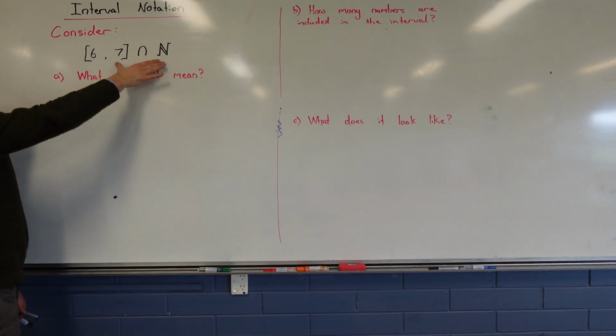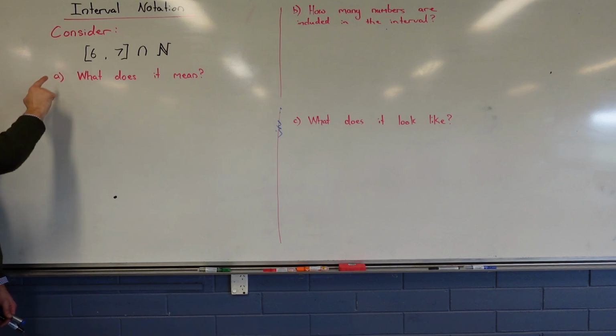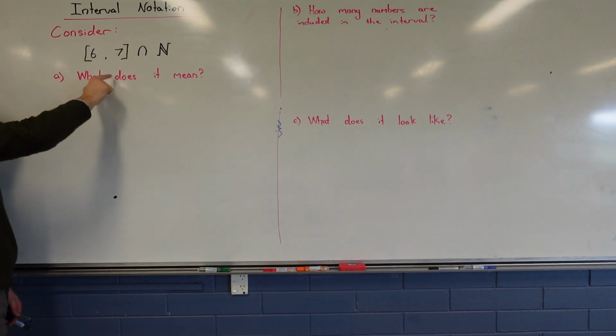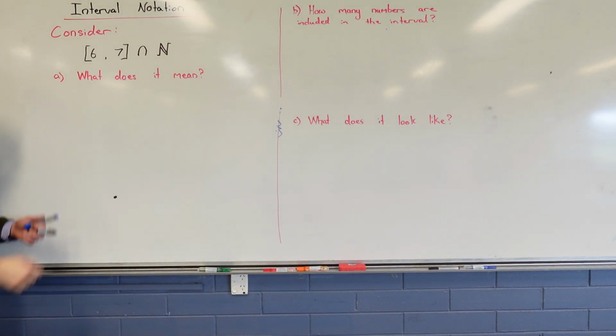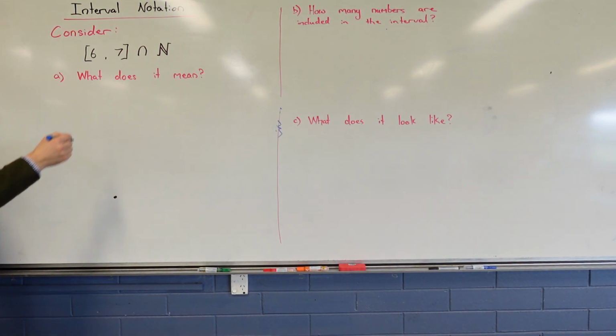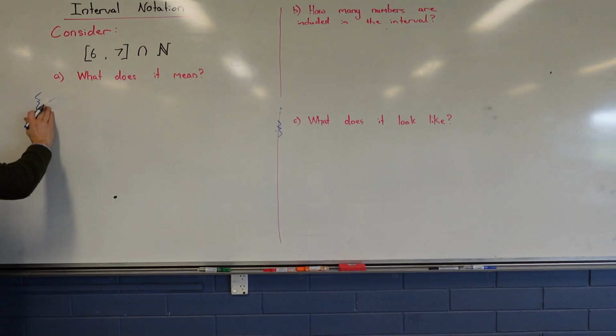So a number that comes from the two statements here has to satisfy the condition that it's between 6 and 7, inclusive of 6 and 7, and it has to be natural. So writing this out in our set builder notation, I'll go with y.